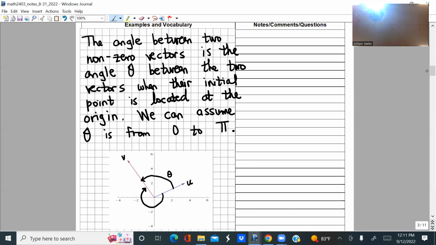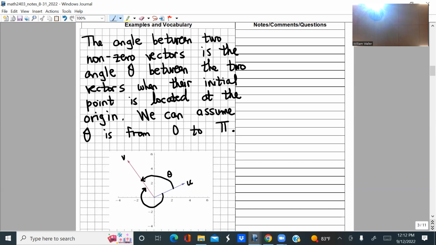So if you've drawn both vectors with their initial point at the origin, then you have an angle. You can compute actually two angles between the two vectors.